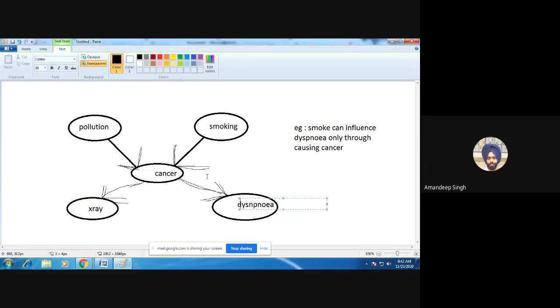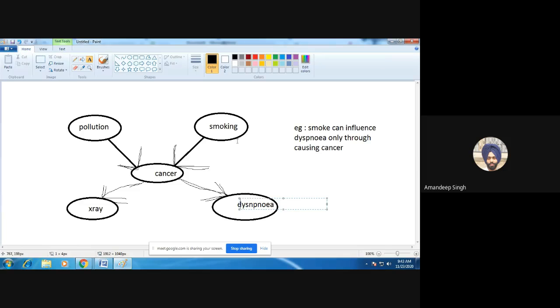So what we are trying to say is that this shortness of breath is happening through one of the causes of smoking, but through the cancer. That is, there is no direct link between these two nodes.